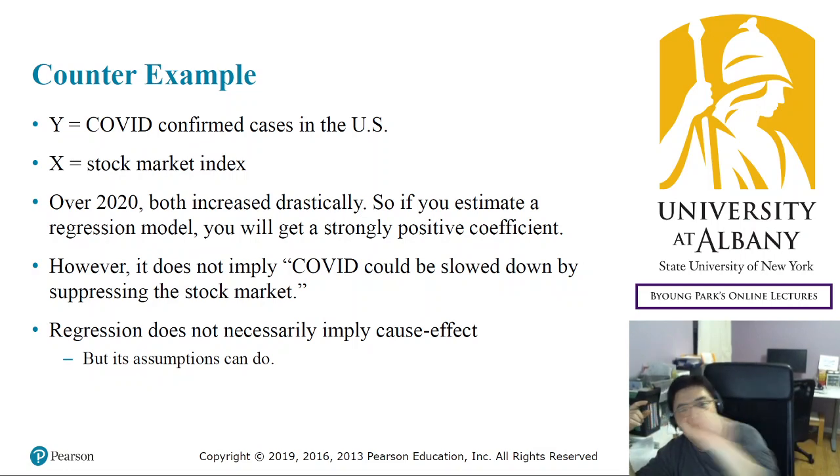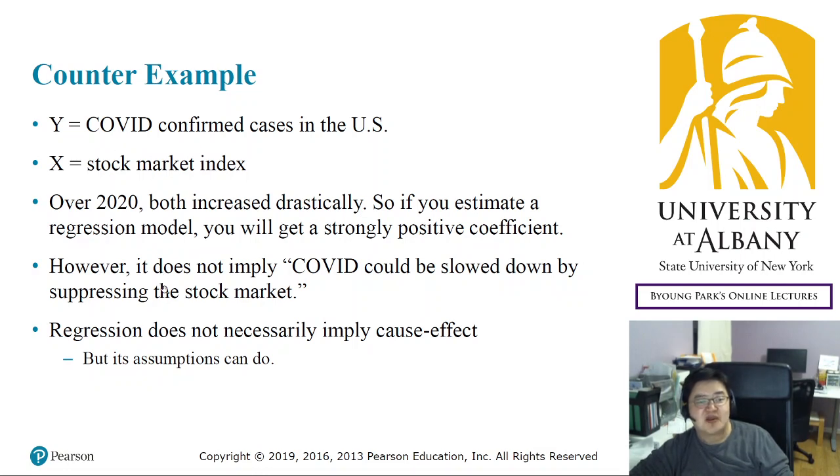So you may draw a straight line going through them, right? By the way, I did not do this. If you're interested, it would be great, but I'm sure that you are going to get a very positive coefficient. However, even if you get a positive beta slope, it does not imply the stock market increase caused COVID.